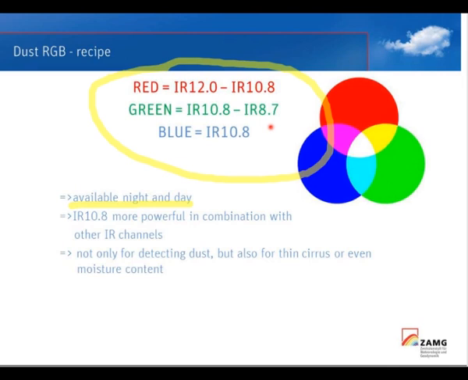And you see that the infrared 10.8 gets more powerful if you combine it with other satellite channels, and it's here used on every color beam. So it's a really powerful satellite image. I've already told you that you can detect dust, but also thin cirrus clouds with this dust RGB, or even the moisture content of the air mass.